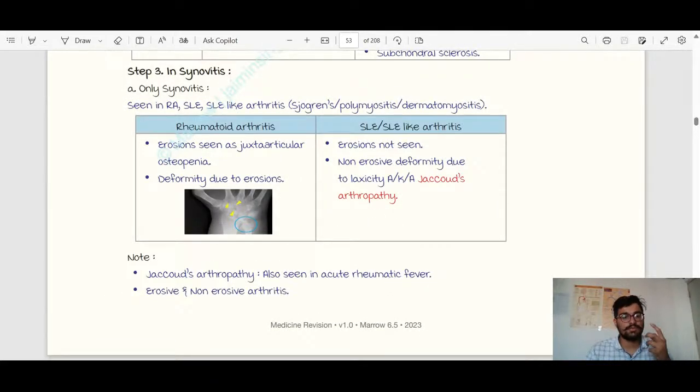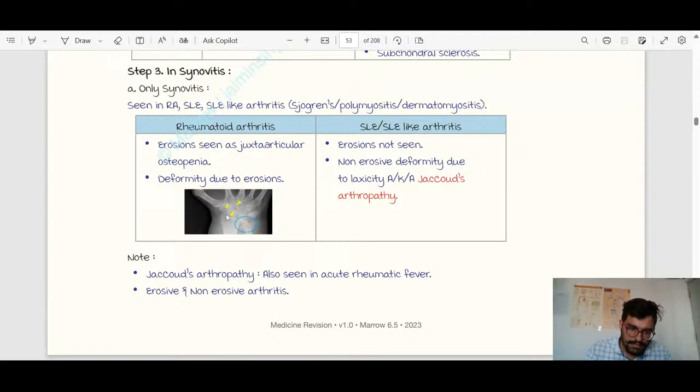Third step in synovitis. Only synovitis is seen in RA, SLE-like arthritis, Sjogren, polymyositis, and dermatomyositis. What is RA? Rheumatoid arthritis shows erosion, juxta-articular osteopenia, and deformity due to erosion.